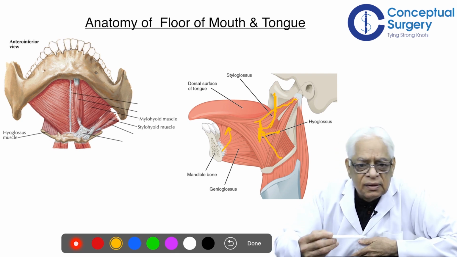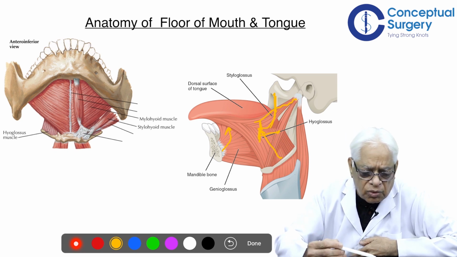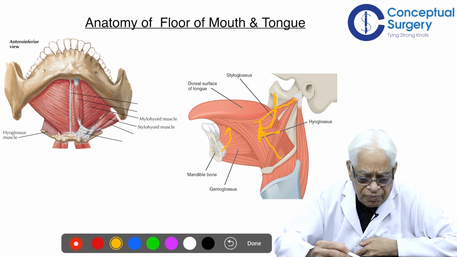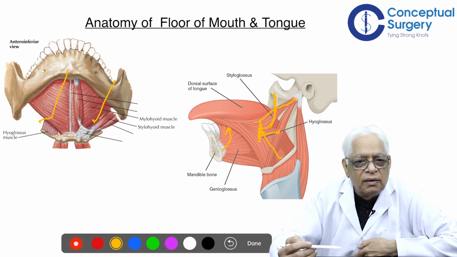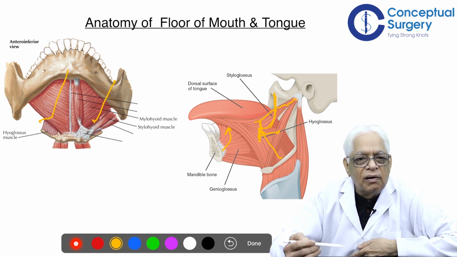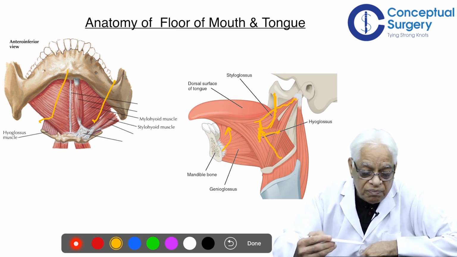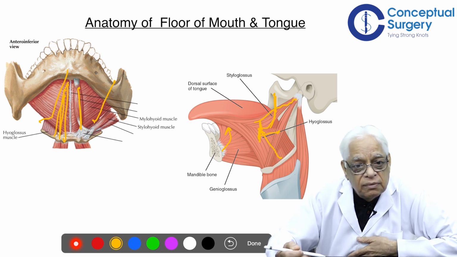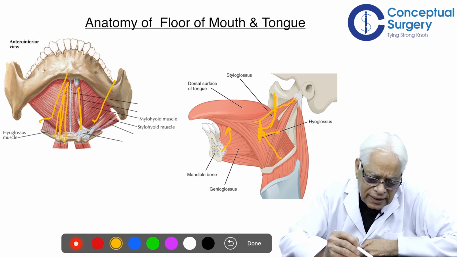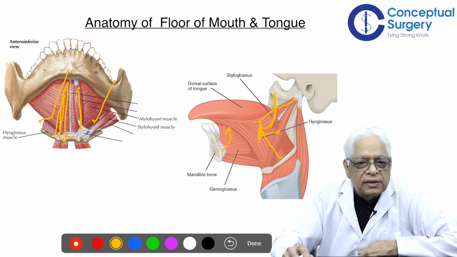If you look at the two muscles which contribute maximum to the formation of floor of mouth, they are mylohyoid on either side, which arises from the mylohyoid line of the mandible and is inserted onto the upper part of the body of the hyoid bone. And on either side is the geniohyoid, which arises from the inferior genial tubercle. On either side is the digastric, especially the anterior belly of digastric.